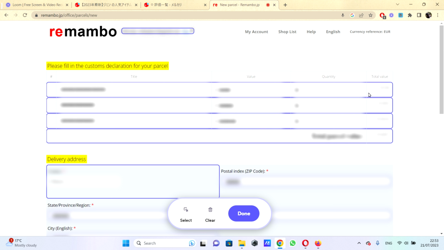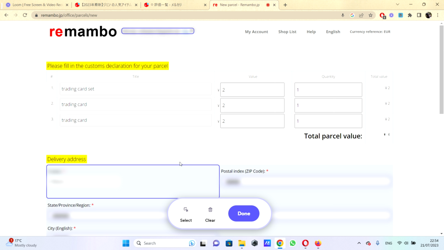So what we're going to try to do is change the value. You delete that and you put in 2, let's imagine, everywhere. I will unblur it now. Hold on a second. As you can see, I unblurred it and you can see it better now. This is a trading card set.